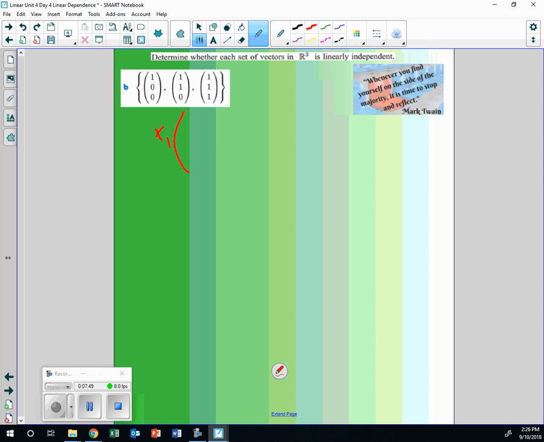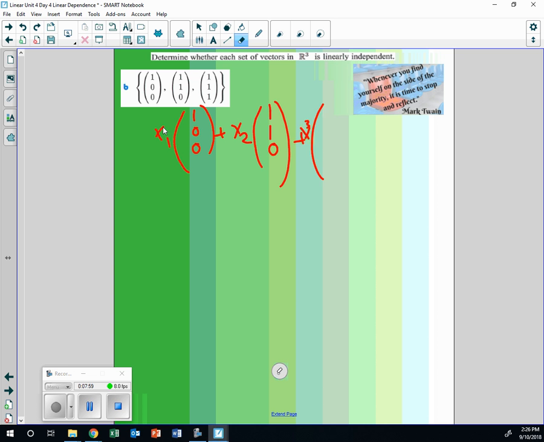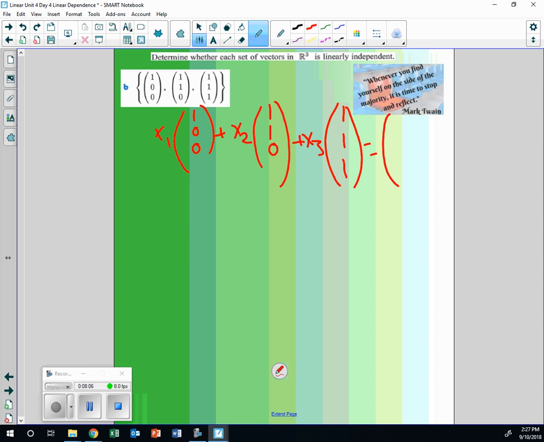So x1 times (1, 0, 0), plus x2 times (1, 1, 0), plus x3 times (1, 1, 1), we're looking at a combination that gets you (0, 0, 0).